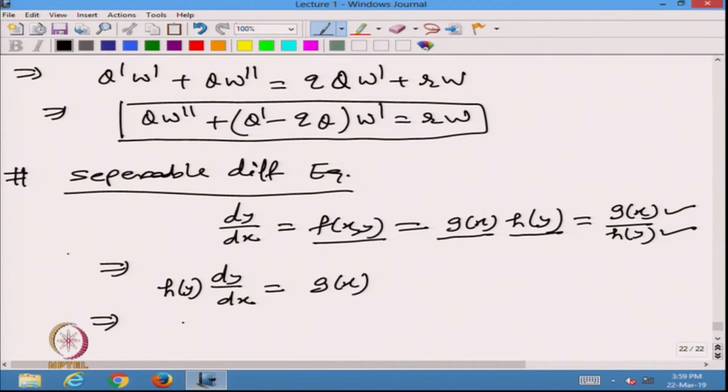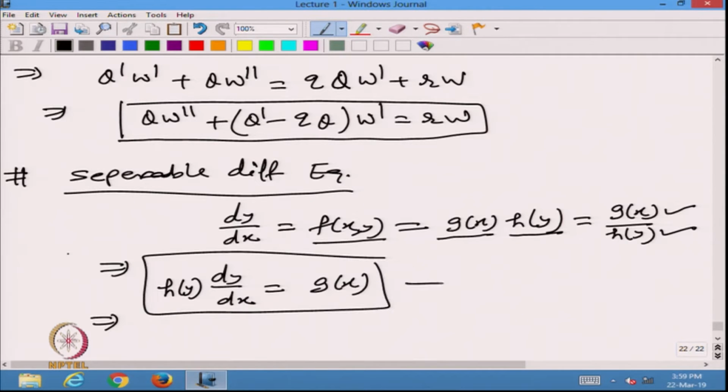Now I will try to solve this equation. I want to put this equation in some form like some function of y, and then solve it.